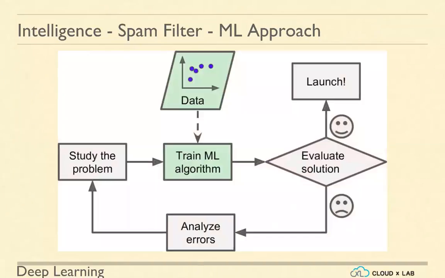So the machine learning approach, or deep learning approach, is that you study the problem, you train the ML algorithm, and then evaluate a solution, and then if the solution is good, you launch it. Otherwise, if it's not good, then you analyze the errors and then again study a bit of the problem, then train the algorithm further on the data, and then do the cycle again.